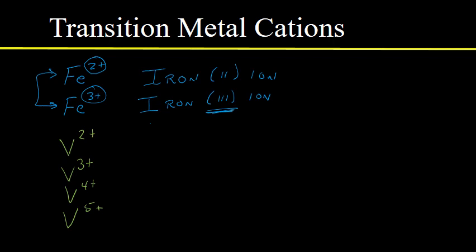Right? So in describing these, you would call this a vanadium 2 ion. This would be vanadium 3. I'll go ahead and write it, even though you know what 3 looks like.